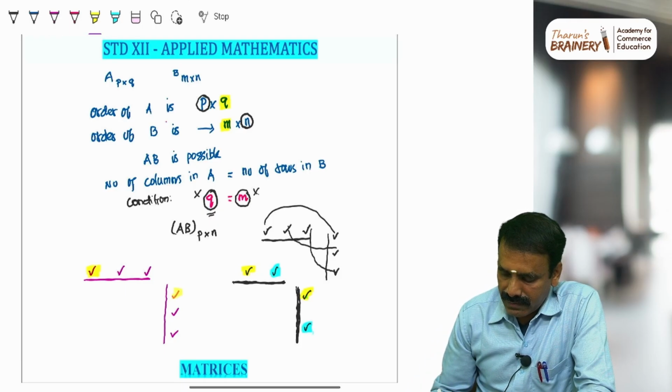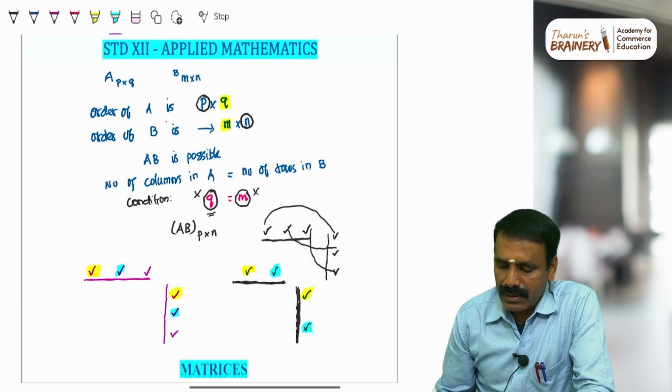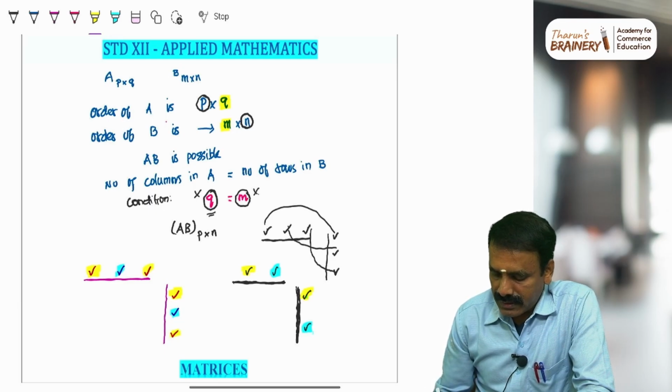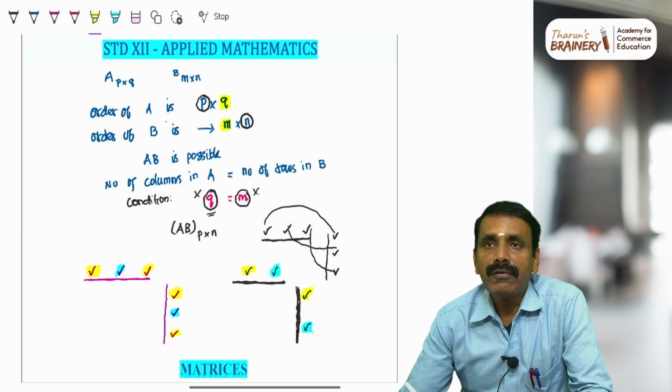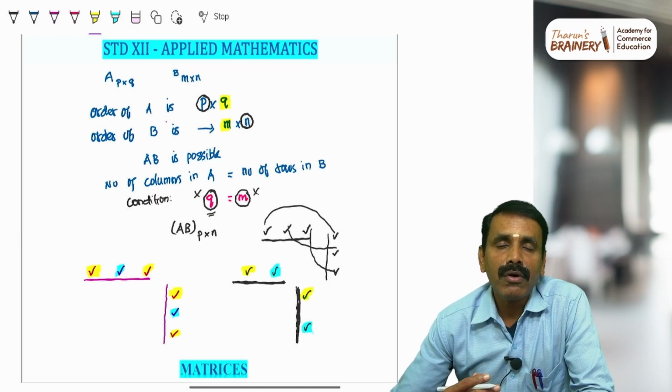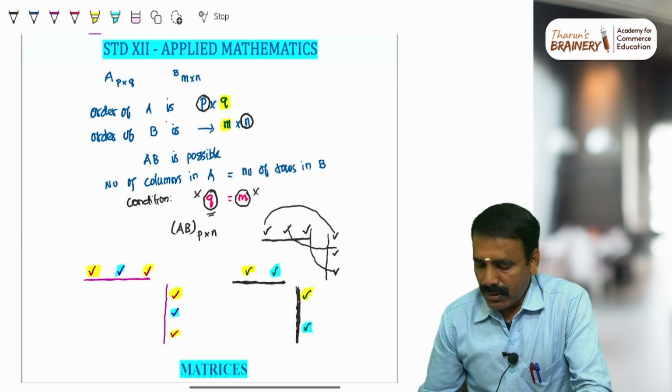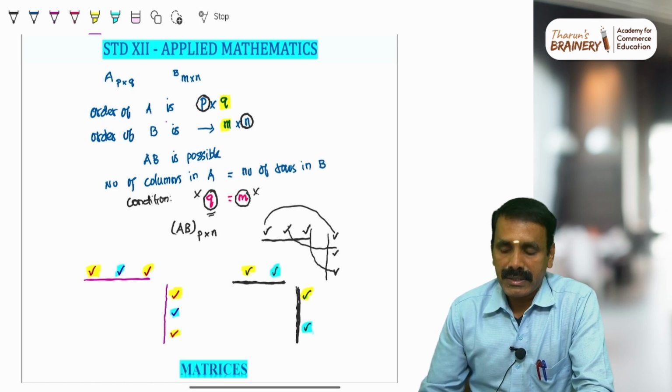First element with the first element, then the second element must be multiplied with the second element, third element should be multiplied with the third element, and then you have to find the sum of all the products. So this is the process of multiplying 2 matrices.